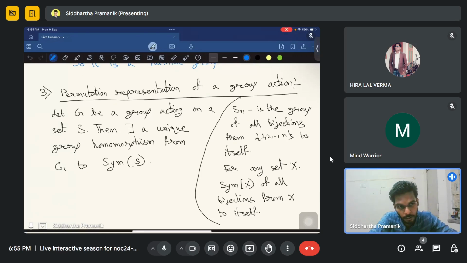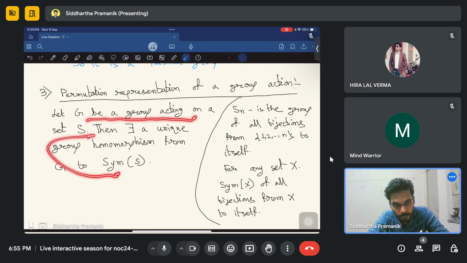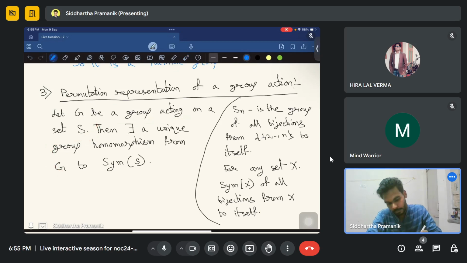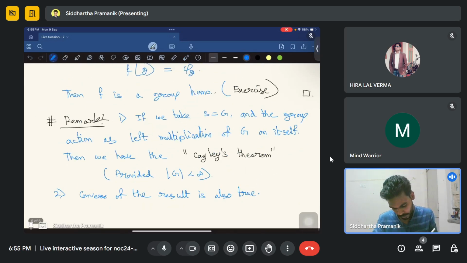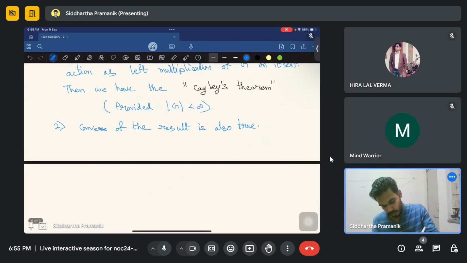So let me write down the converse. Here I am saying if we have a group action, then we have a group homomorphism. This is our result. Now the converse is if we have a group homomorphism, then that will also give you a group action. And that result will give you some interesting facts. So let me write down the converse first. So see the following.